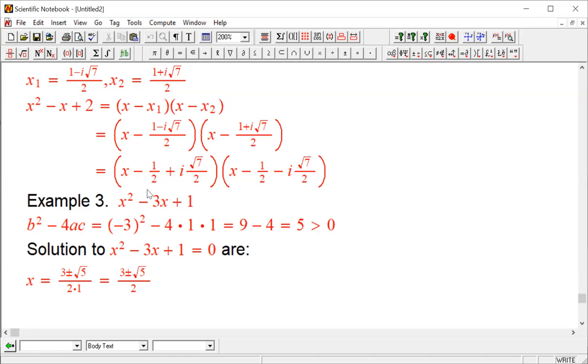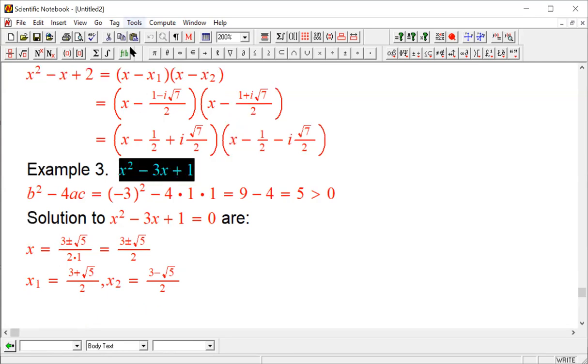Once again, we have x sub 1, the first solution. You can choose either one, and this is going to be 3 plus square root of 5 over 2. It really doesn't matter which order you use. And x sub 2 is equal to 3 minus square root of 5 divided by 2. And then the factors will be, so here are the factors.